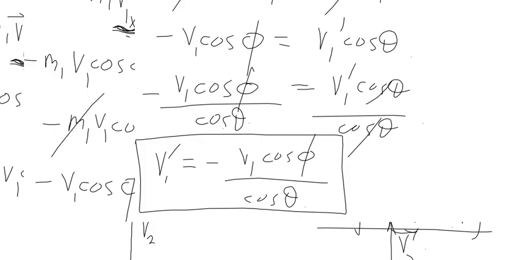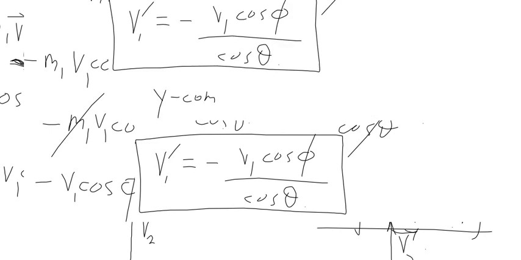Since we have two vehicles here, we're going to have an x component to the equation. We'll also have a y component. So let's do the y component of the conservation of momentum.